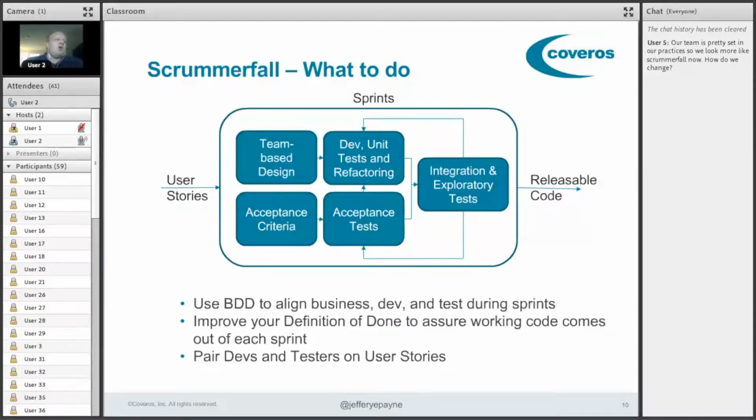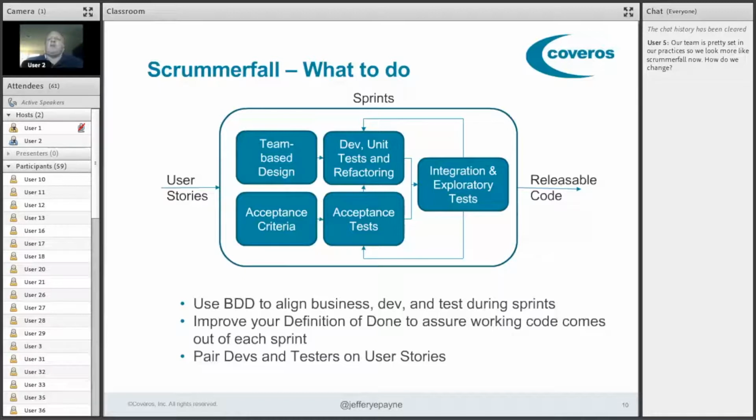But what we do in the sprint up front is on the left. We do what's called in extreme programming team-based design, and that means think through, based on the user stories, what the design of our software is going to look like after we do our implementation, and make sure everybody is in that meeting and everybody understands what's going to come out of this sprint.